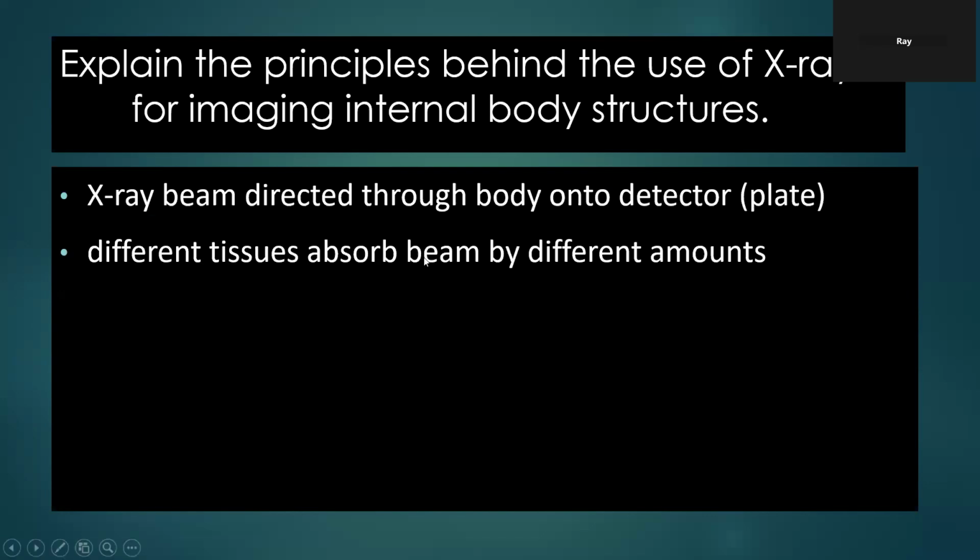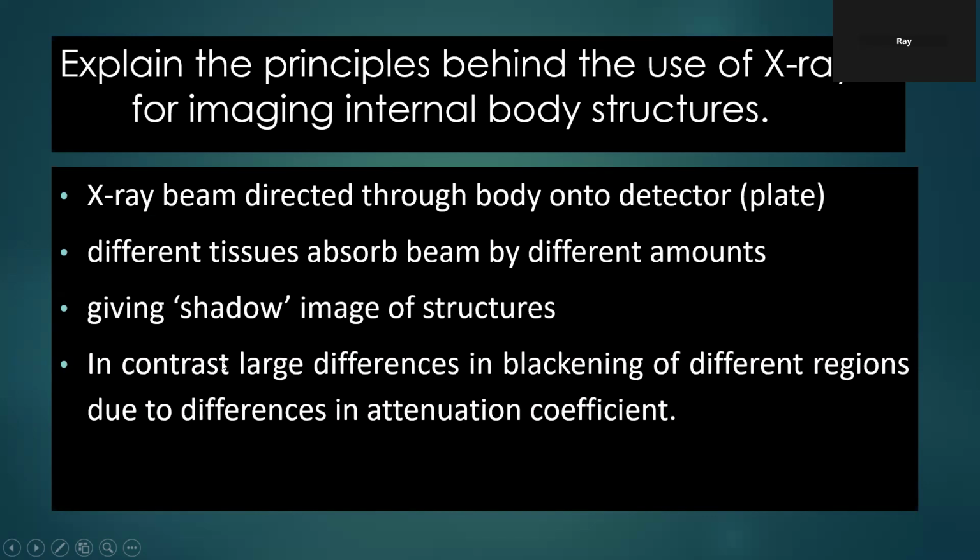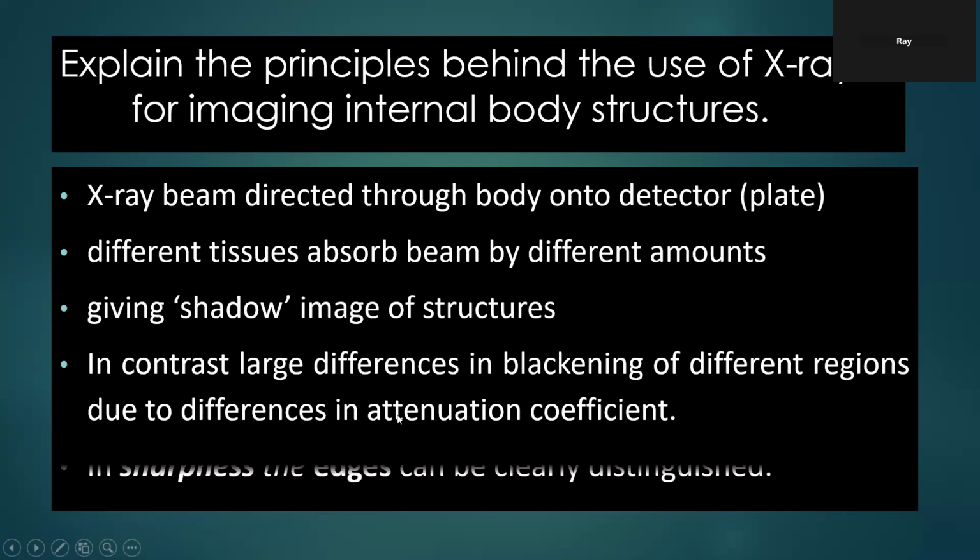Different tissues absorb the beam by different amounts, giving a shadow image of the structure. In contrast, there are large differences in blackening of different regions due to differences in attenuation coefficient. In sharpness, the edges can be clearly distinguished. Just memorize this one.